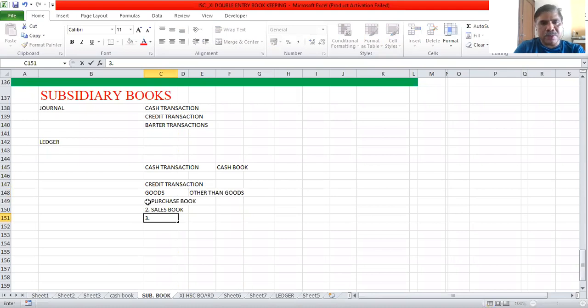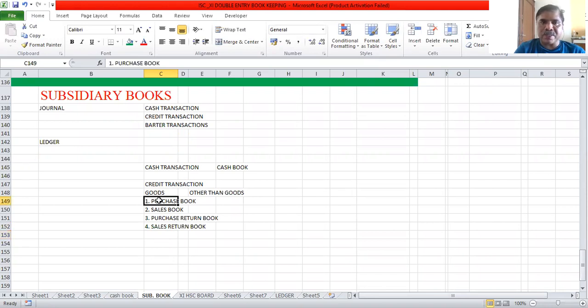In respect of purchase return, they maintain the purchase return book. And in respect of sales return, they maintain the sales return book.